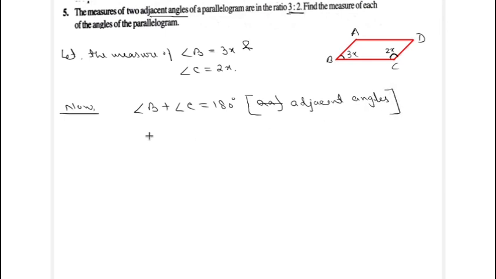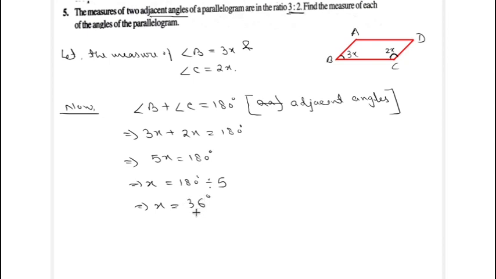Now 3x plus 2x equals 180 degrees. So this is 5x equals 180 degrees. This implies x equals 180 degrees divided by 5, which is 36 degrees. Now here we have got the value of x as 36 degrees.